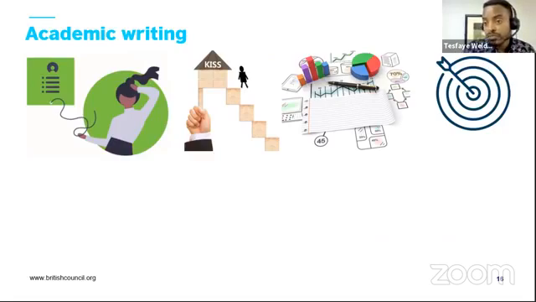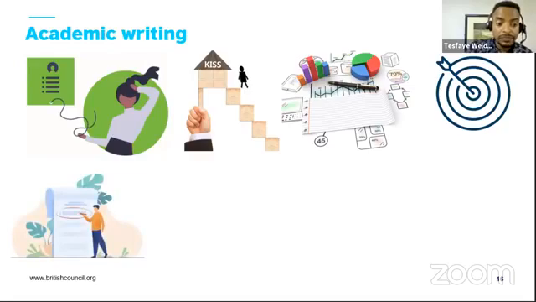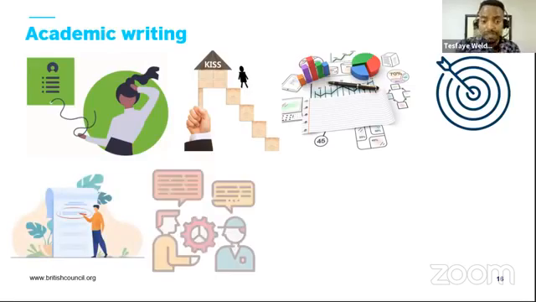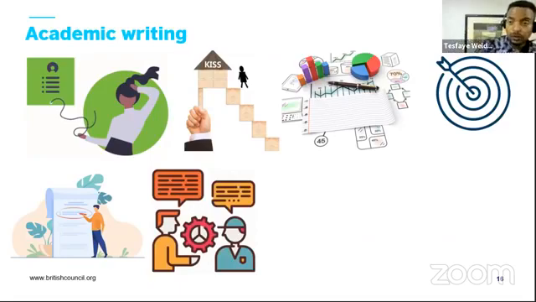Precision is important. Yeah, achieving the target rather than going around the bush and telling a story. No, just explain, but make sure it's precise. Organization is important. Layout is key. Also, register is very important, so using formal language.